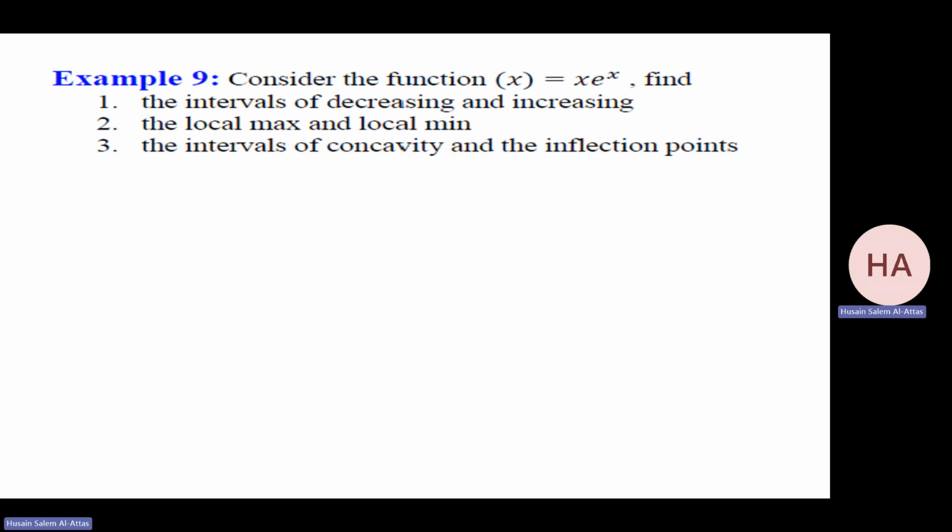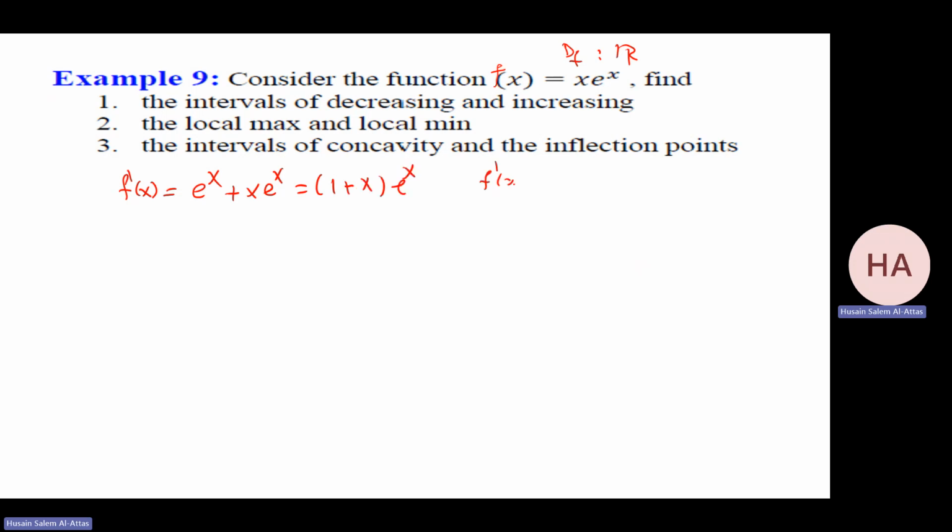Now the function is a little bit different. Let the polynomial, we'll do the same thing. So I have, let me see, okay, domain is real numbers. Nothing to worry about. F prime will be what? e^x plus x e^x, which is (1 plus x) e^x.